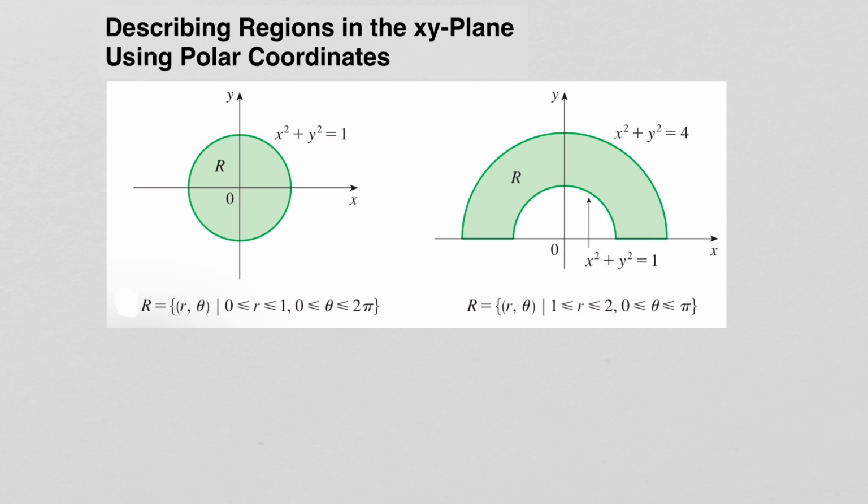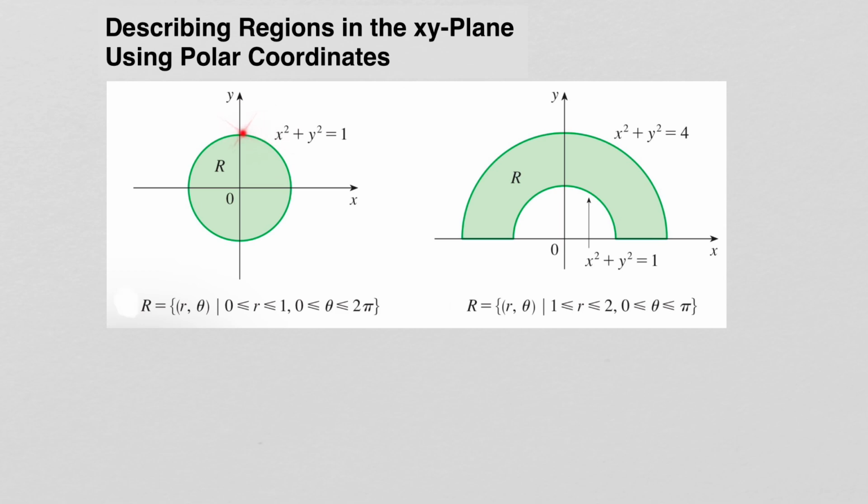This is basically all the points in the polar coordinate system that are 1 unit or less distance from the origin. So we can describe this region by simply saying r is a number between 0 and 1, and theta goes from 0 to 2 pi, right?